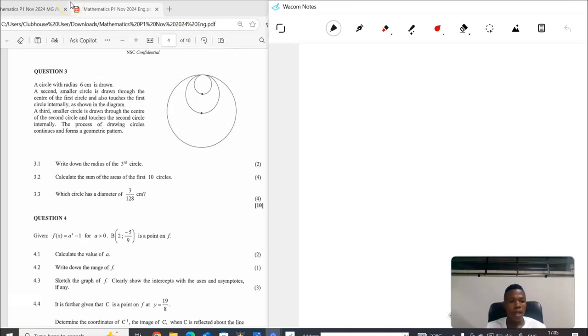Question 3.1: write down the radius of the first circle. I know I have the first, second, and third circles. Let me draw.